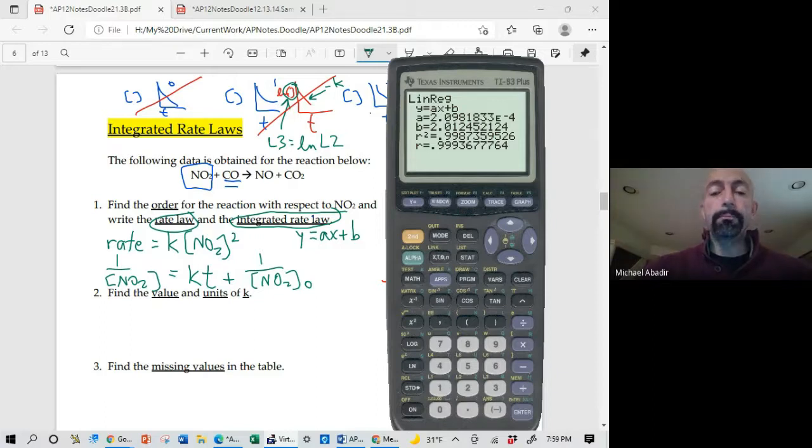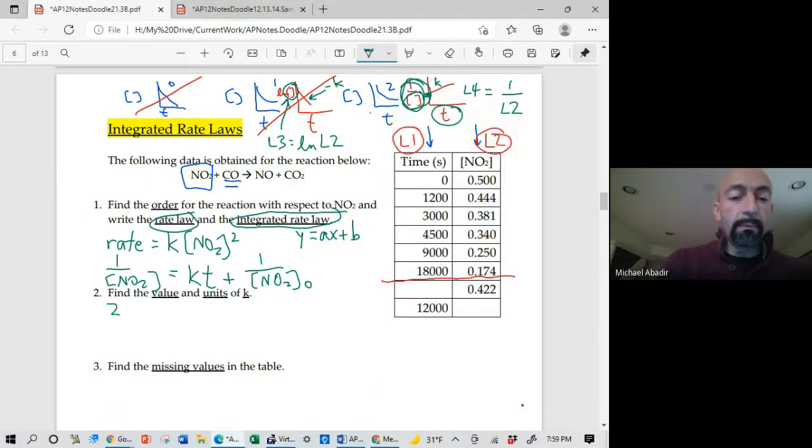Okay, so the slope is 2.10 times 10 to the minus 4th. So I'm going to write that here. 2.10 times 10 to the minus 4th, this is k equals, because it's the rate constant. And then we need the units. So remember what we do? We always do the molarity inverse. So liters over moles.